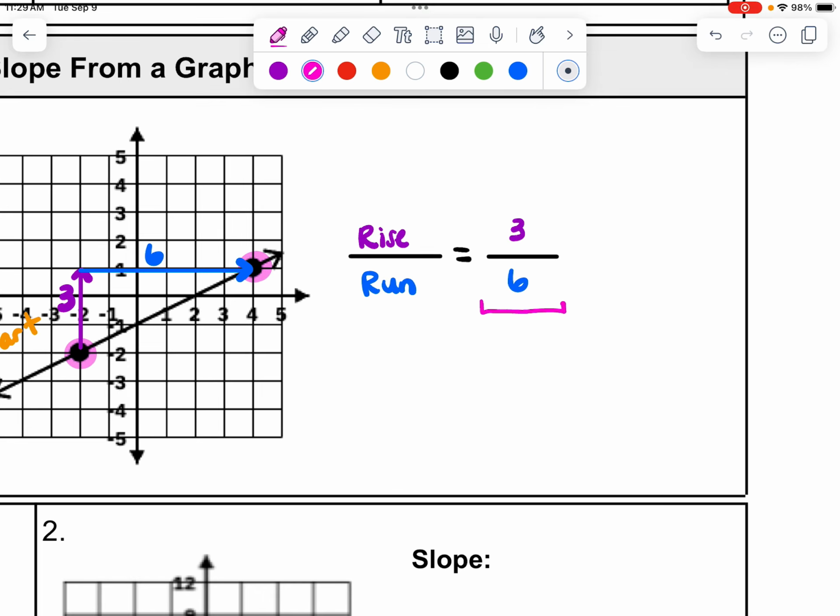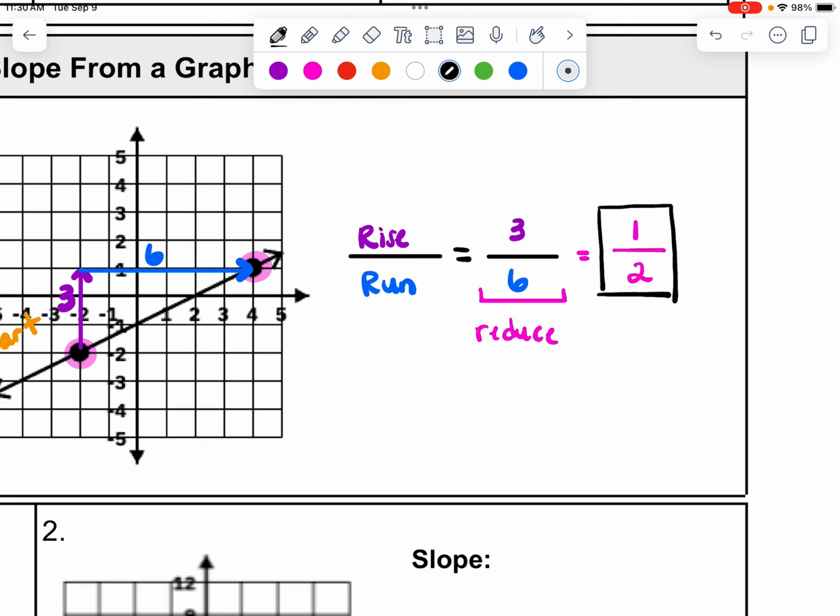We need to reduce this fraction. And the way we're going to do that is just type the fraction into our calculator and then hit enter, and the calculator will simplify it for us. If the calculator just gives you the same fraction that you started with, it means that it wasn't possible to simplify that fraction. In this case, the 3 over 6 simplifies to 1 over 2. And that is your final answer.